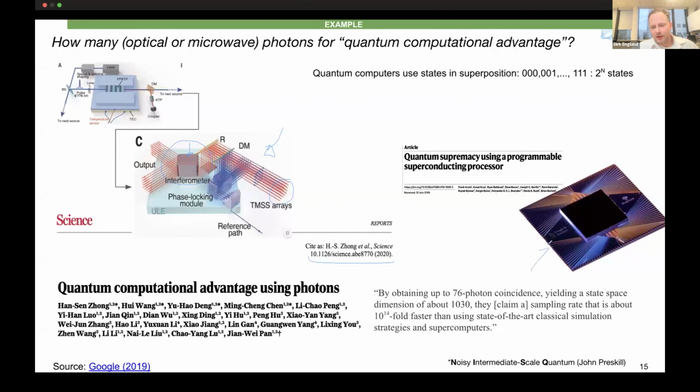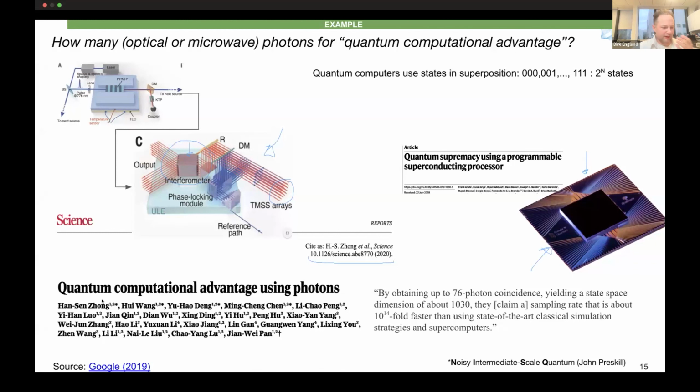And similar descriptions, together with the cavity QED picture, are what allow you to analyze, for example, the quantum supremacy argument in the random circuit sampling experiment by Google some years ago.